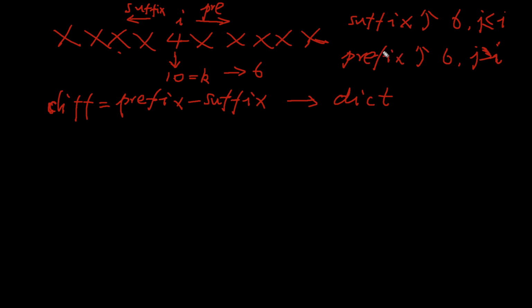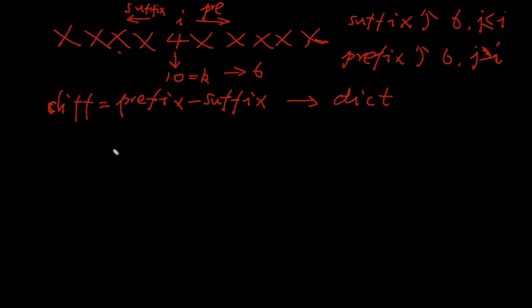So now as you guys can see, depending on the index of the original difference, either the prefix will be increased by 6. Of course this one could be decreased, but we're using this increase as an example. So either the prefix will increase by 6 or the suffix will increase by 6, right? So then it means what?